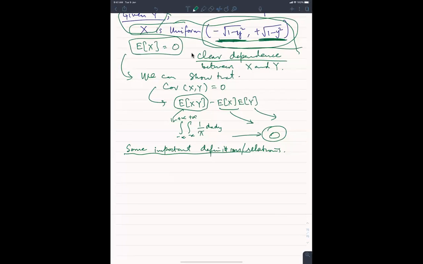One is covariance between x and y is equal to the covariance between y and x. This is sort of obvious from the definition. The second is covariance of x and x. Now, this is very interesting.